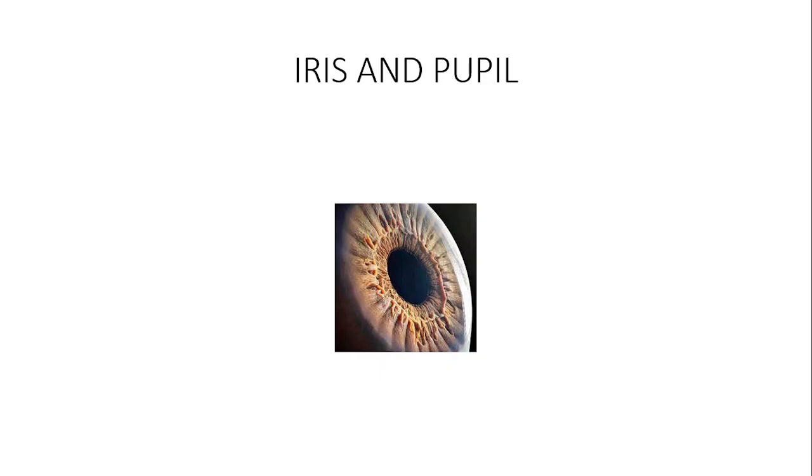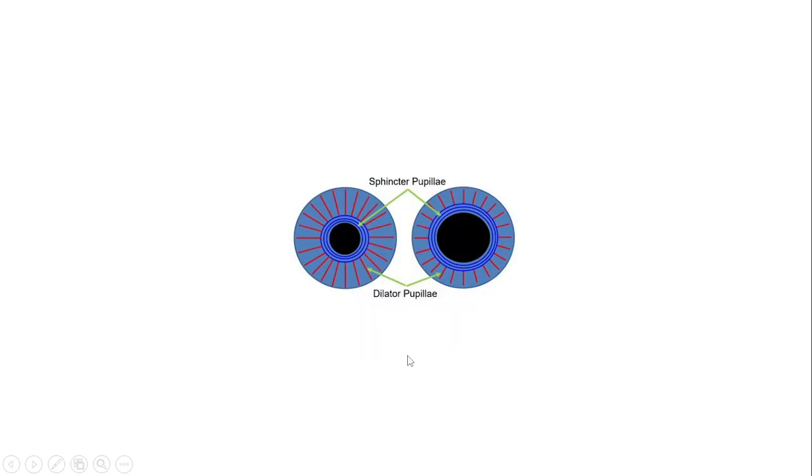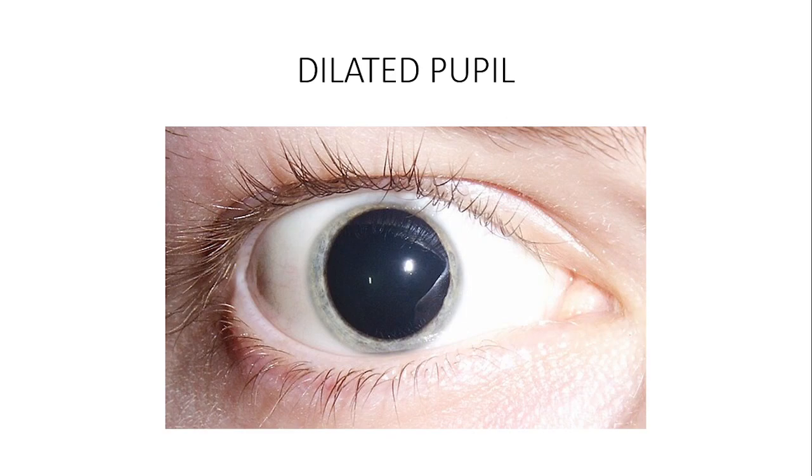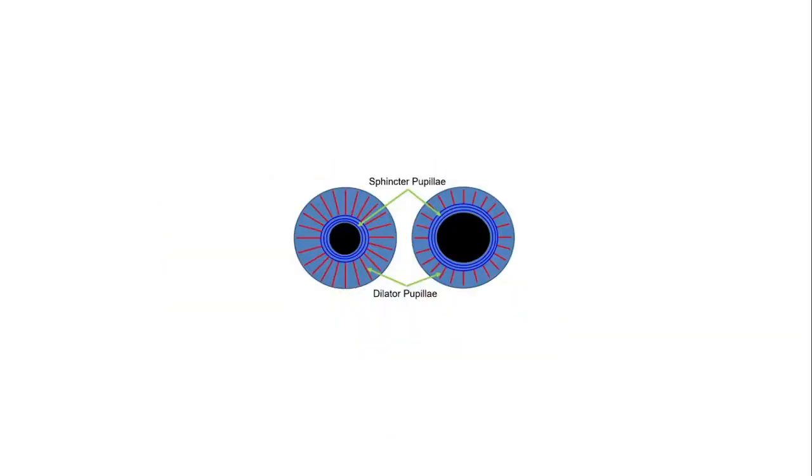For example, this particular one is brown, and sometimes people have it green, others have it blue, and so on.